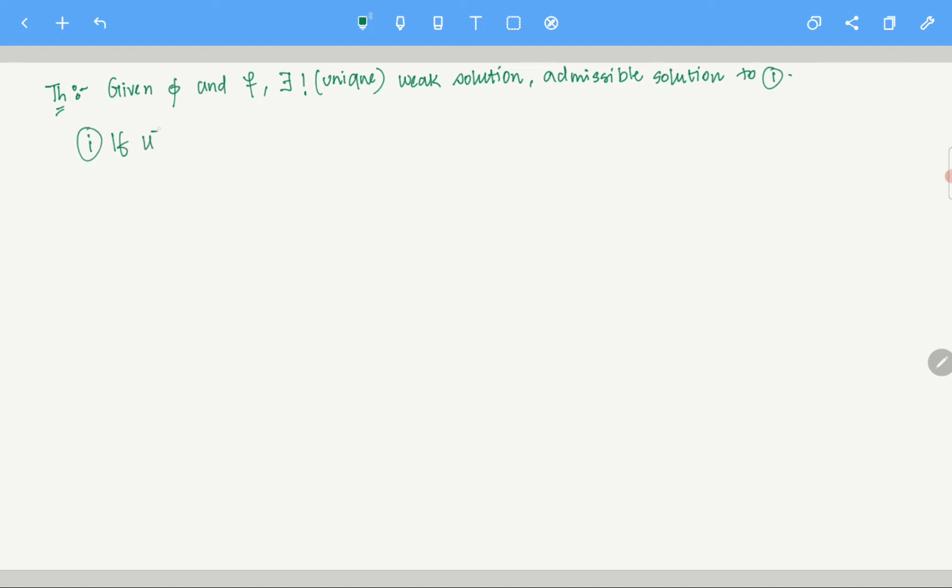If u minus, the wave on the left, is greater than u plus, so the initial condition, not here wave, basically it is the height of the wave at t equals 0. If the height is more than the wave on the right, then the admissible solution has a shock curve, the curve x equals psi of t, of speed sigma.